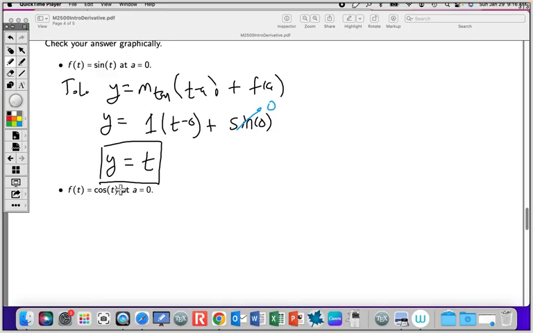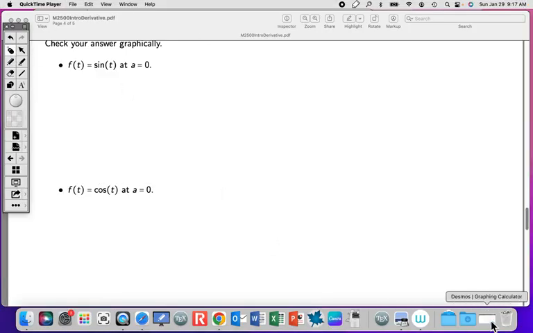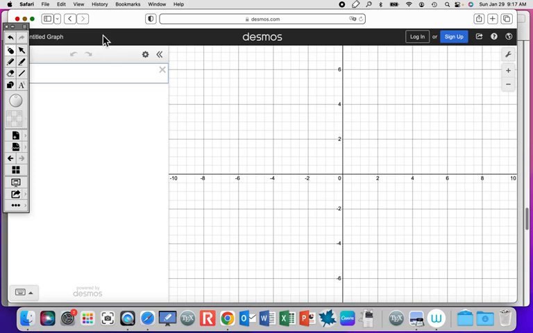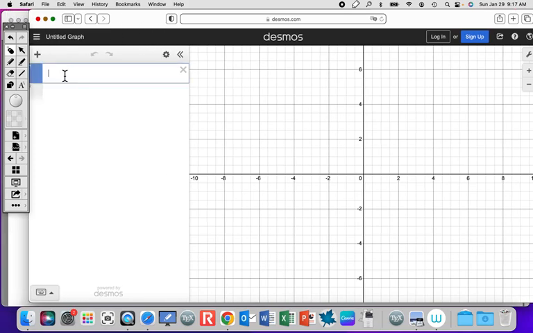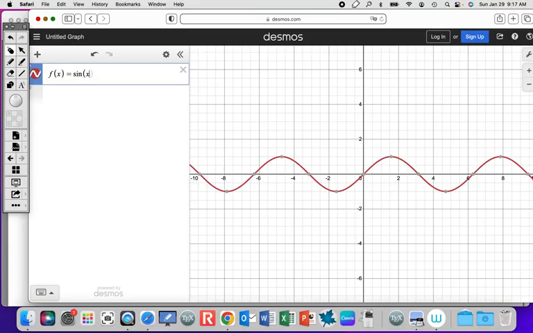So that means if I graph the sine function near 0, and I zoom in, that sine wave should look closer and closer to the line y equals t. So let's fire up Desmos and check this out. So once again on Desmos, I'm going to just use the variable x. So we'll do f of x is sine of x.